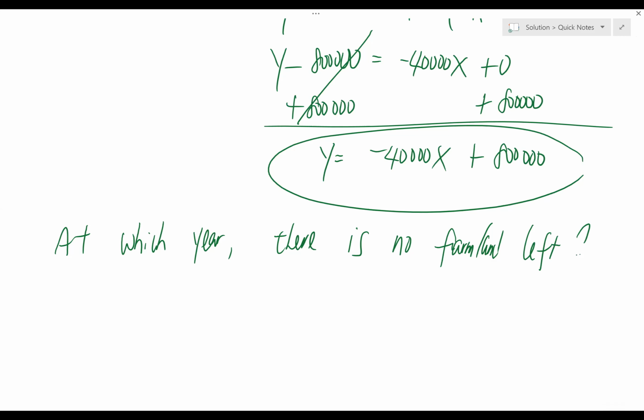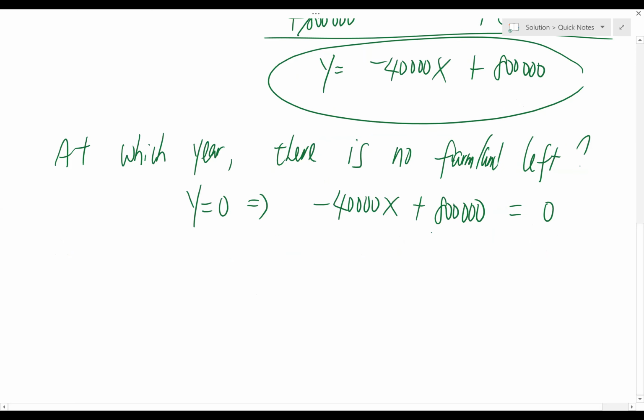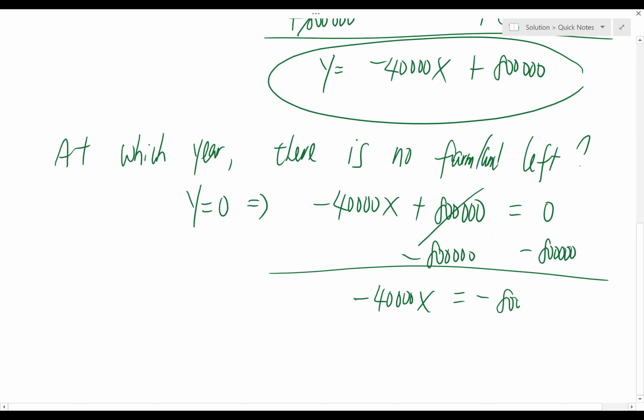When y equals 0. Yes, very good. y equals 0, right? So that means negative 40,000x plus 800,000 equals 0. Next, you solve for x by subtracting 800,000 from both sides of the equation, keeping the variable on the left. So you get negative 40,000x equals negative 800,000. Next, you divide both sides of the equation by negative 40,000.